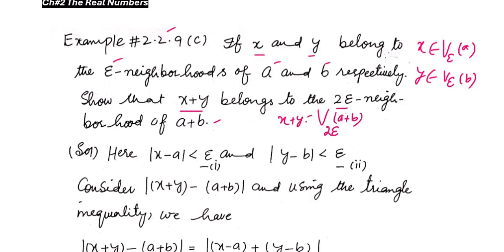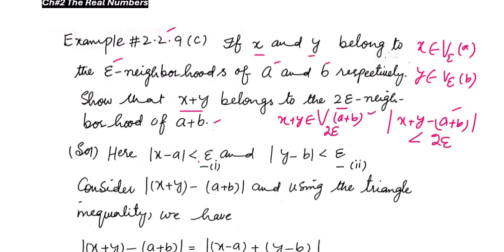This is our target, and for this we will show that x plus y minus the center a plus b, this absolute difference, should be less than 2 epsilon. This is our target to show.